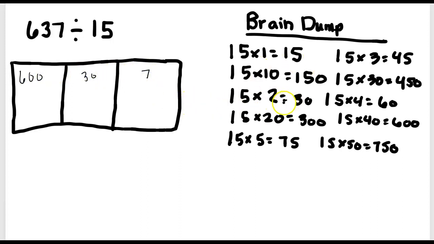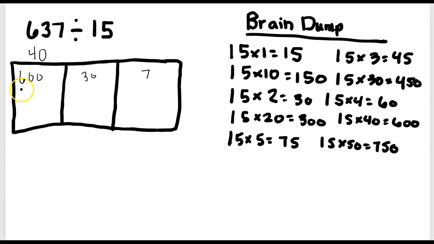Now I'm going to look at my brain dump and I'm going to say, okay, well, what times 15 can get me close to 600? Well, if I'm looking over here, I see that 15 times 40 gets me close to 600, because it is 600.